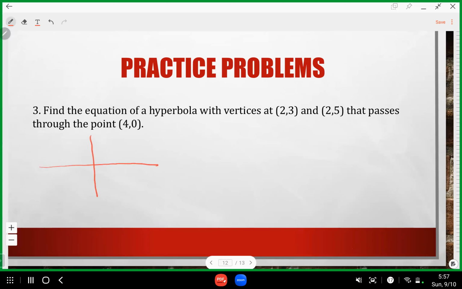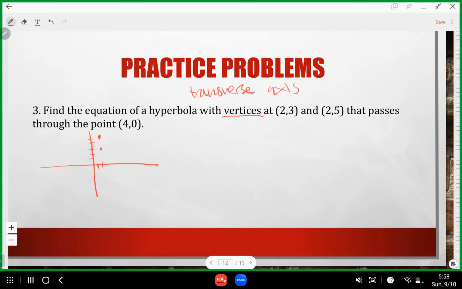Well, first put points at 2, 3, and 2, 5. Very good. By the way, whenever I say vertices, this means these vertices are on the transverse axis. So if it were minor vertices, I would specify minor vertices. So it's the transverse axis.